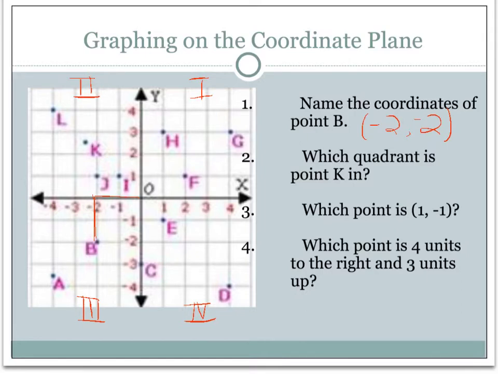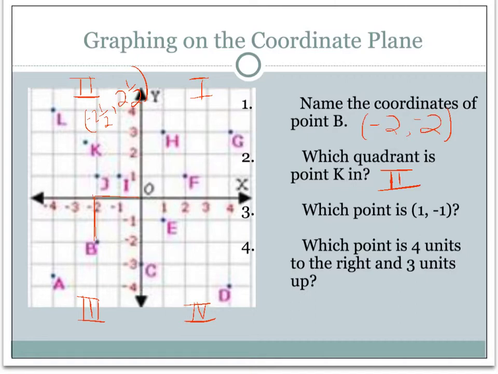However, you could also know that point K was in quadrant 2 because the ordered pair for point K is negative 2.5 and positive 2.5. So it goes negative and then positive. So the negative direction on the x, positive direction on the y gives me a point in quadrant 2. So which quadrant is point K in? Quadrant 2.